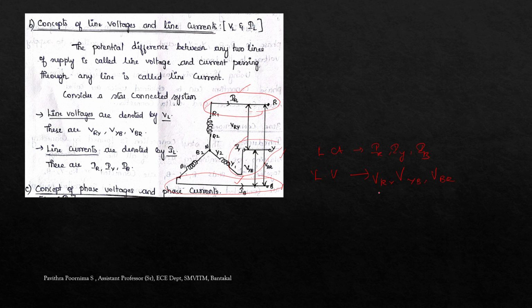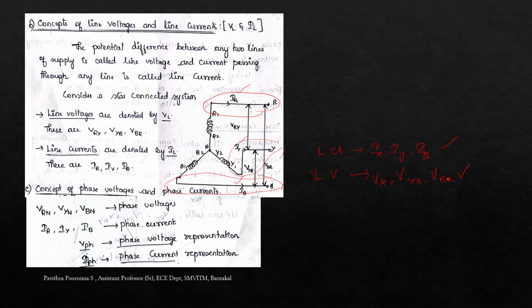So the line voltages are VRY, VYB and VBR. This is the line current and these are the line voltages. Next, we need to see what phase voltage and phase current are. We have to list them first, and next check the relation between line and phase currents as well as voltages.